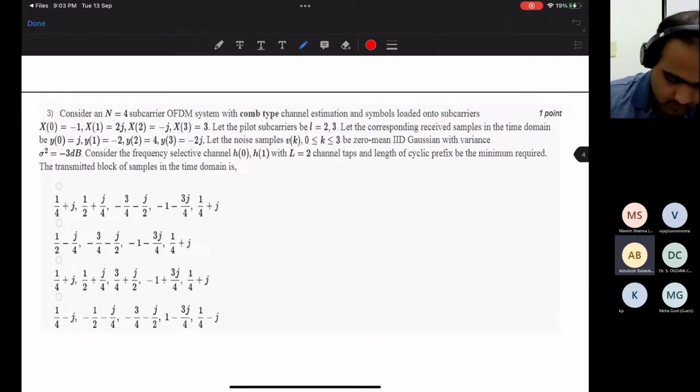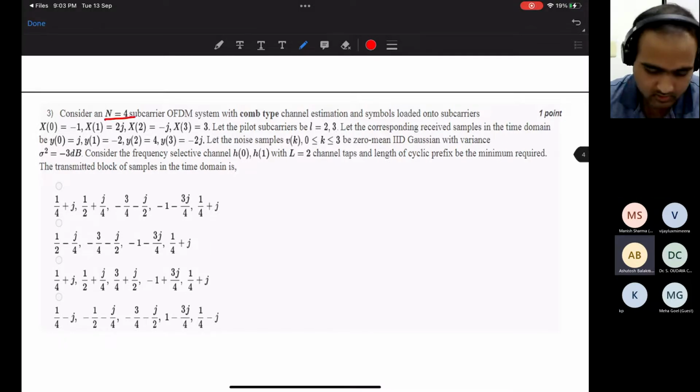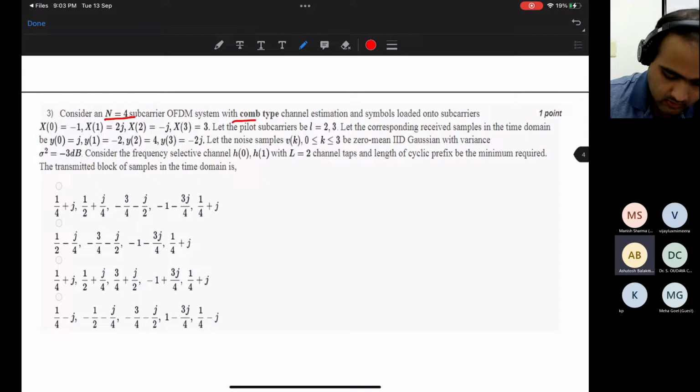So consider a given 4 subcarrier OFDM system, and we are using the CTP channel estimation and the symbols loaded onto the subcarrier. So this is in the frequency domain. All right, just note that. And then the pilot subcarriers are given as L is 2 and 3. So the corresponding received symbols in time domain.